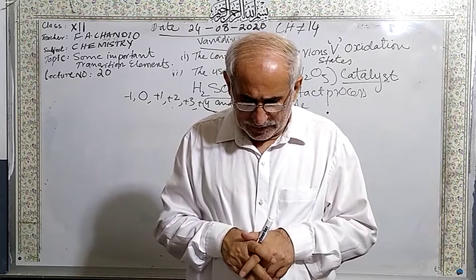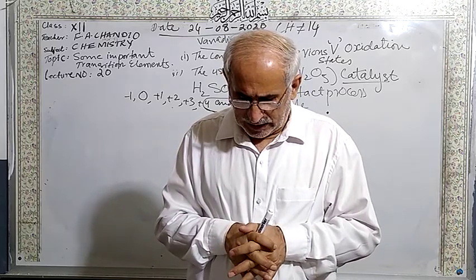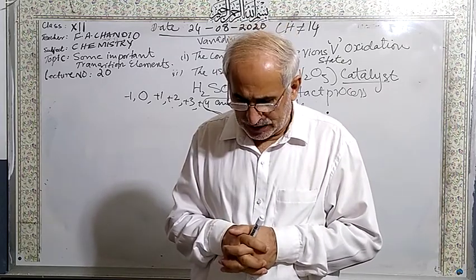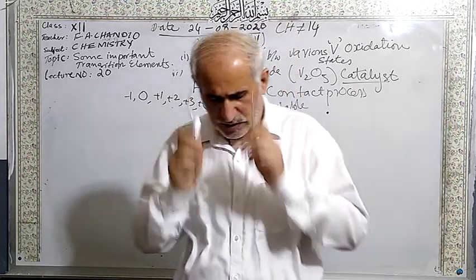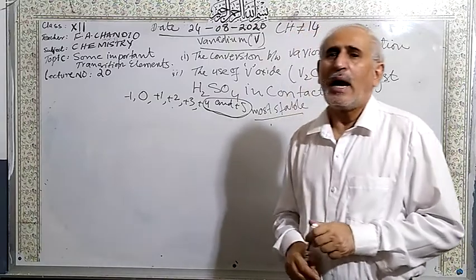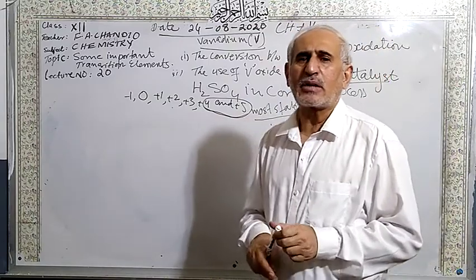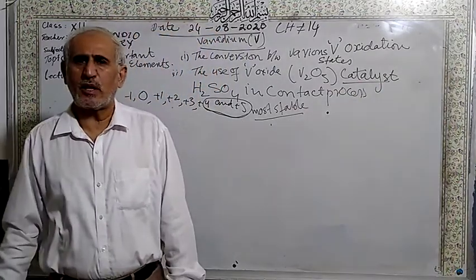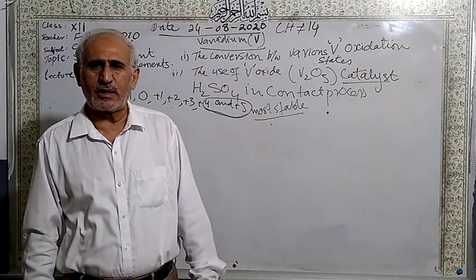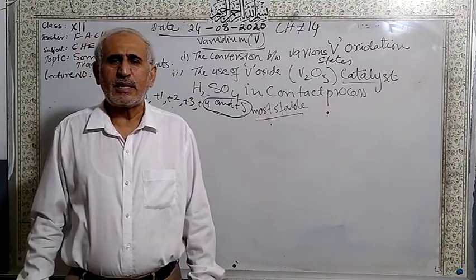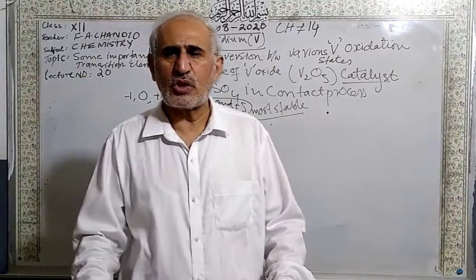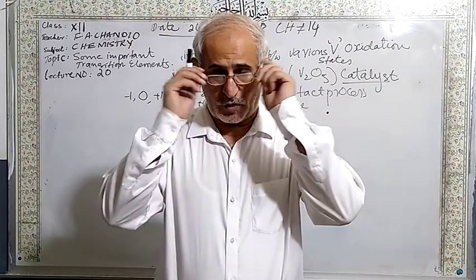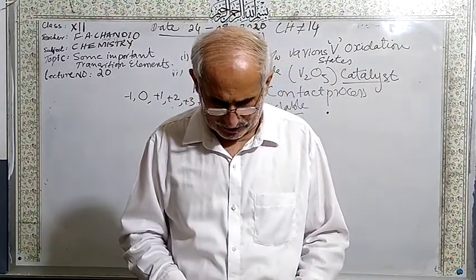The reason for variable oxidation states, I told you, is that d electrons, in addition to s electrons, are used for bond formation, and also unpaired electrons. You have done the previous properties of the transition metals. Transition metals involve d electrons with s electrons for the purpose of bond formation.